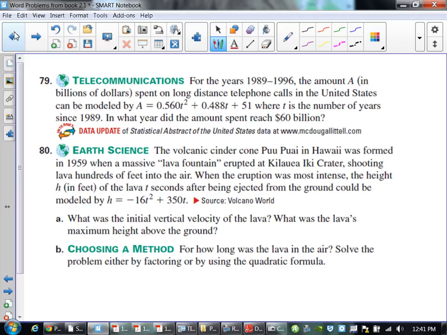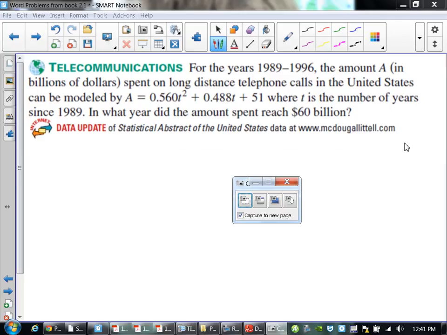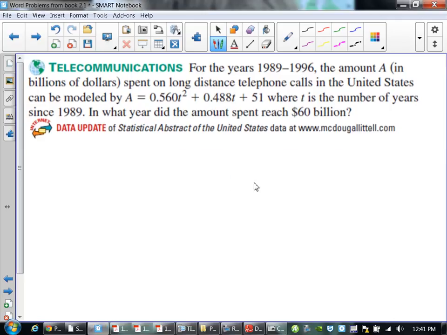So what you're looking at here is nothing more than going right directly to your table. Everything here is in billions. So you put in your calculator 0.56 t squared plus 0.488 t plus 51.